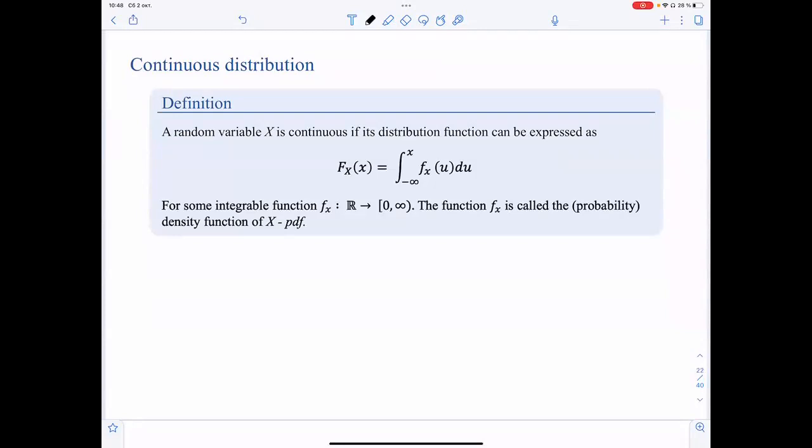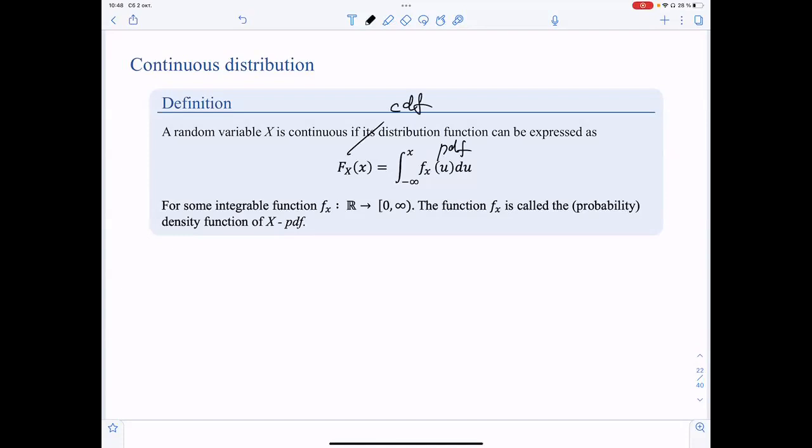And the definition of the CDF applied to a continuous random variable is an integral from minus infinity up to x of the PDF, the small f written inside that integral. So this is the PDF, and this is the CDF.